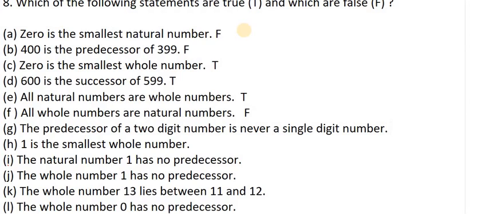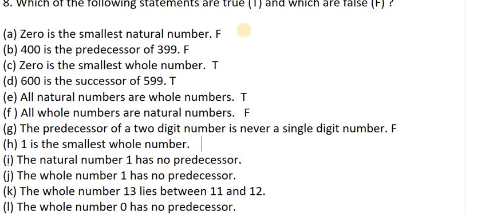A single-digit number. He is saying you will never get a single-digit number. So the statement he gave is false, because the best example is that the predecessor of 10 is 9, whereas 9 is a single-digit number. False.